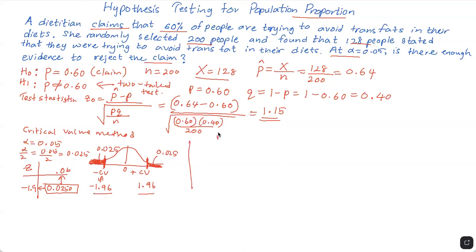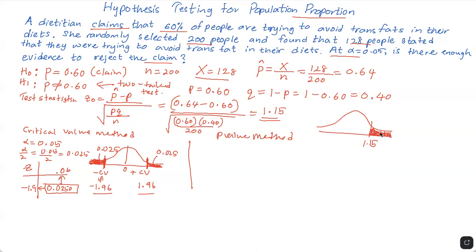So let's look at the p-value method. To find the p-value, we need to consider both tails, right? Look at the test statistic. It is a large positive value. If you look at the distribution, it is somewhere around here, right? So we can find this tail.